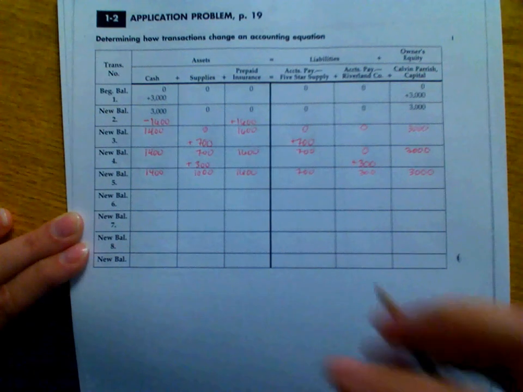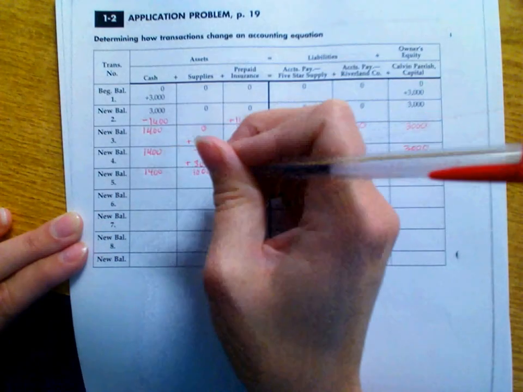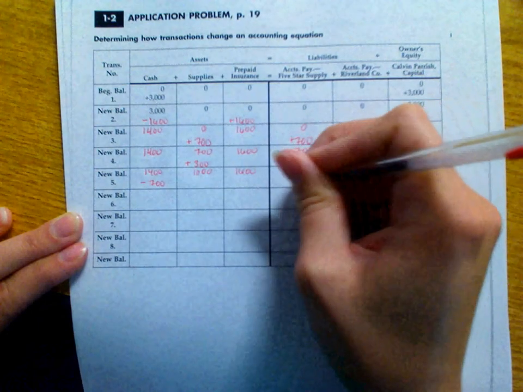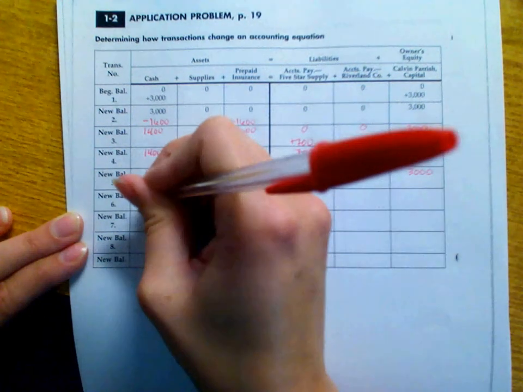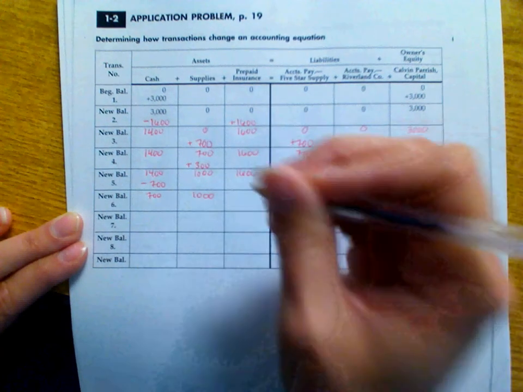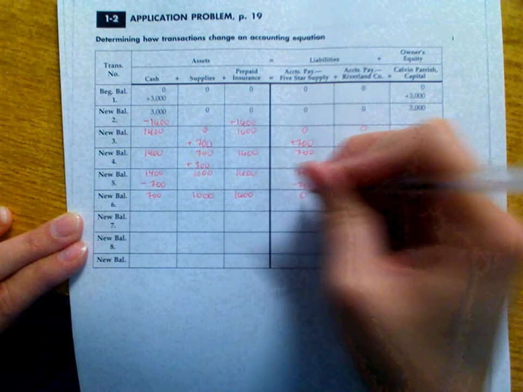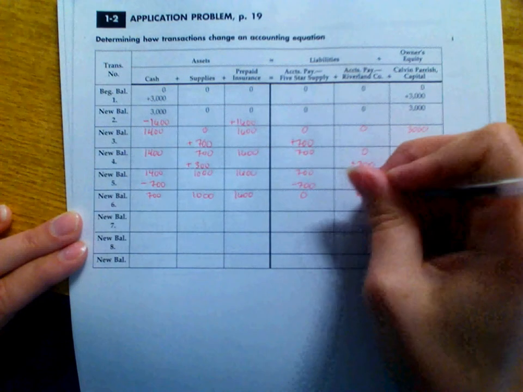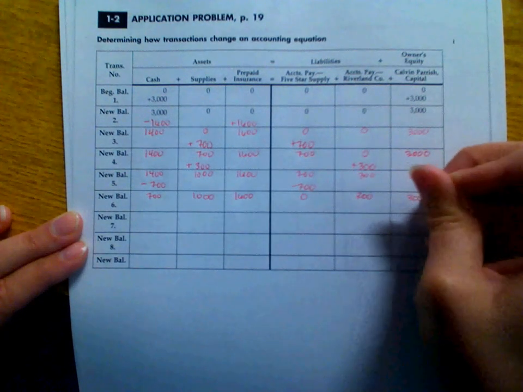All right, so we're going to go down by $700 on cash. And we're going to go down by $700 on accounts payable 5-star. So now we only have $700 in cash. We still have $1,000 in supplies, $1,600 in prepaid insurance. We have 0 now on accounts payable for 5-star. We don't owe them any more money. $300 for accounts payable Riverland, and we still have $3,000 in owner's equity.